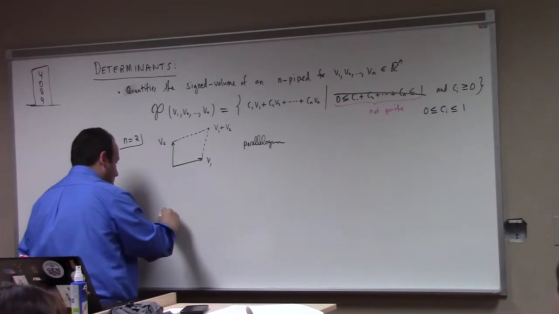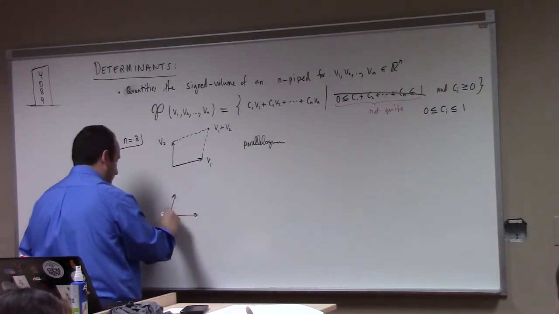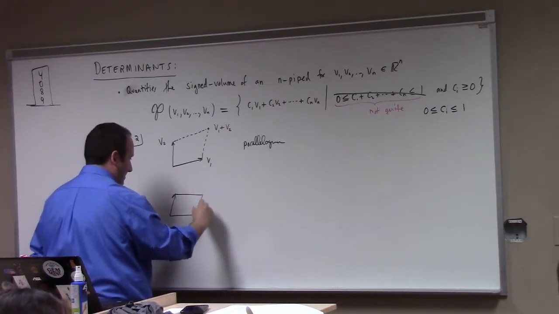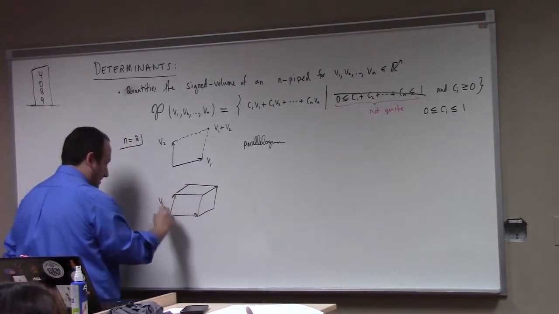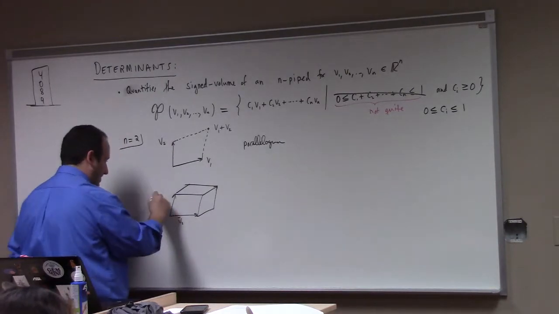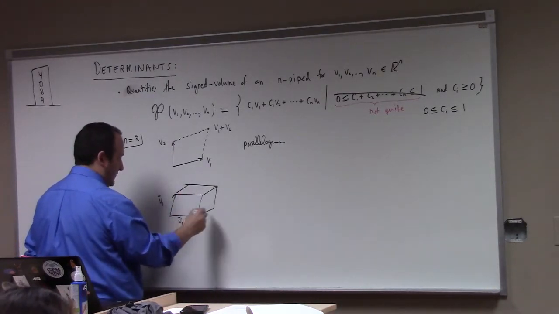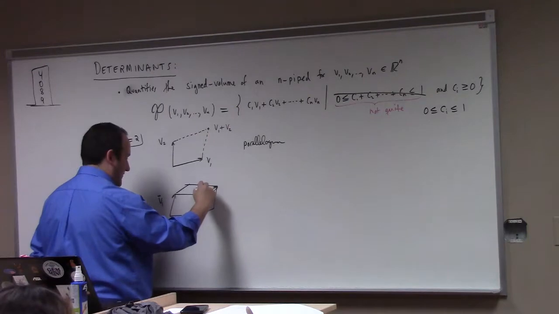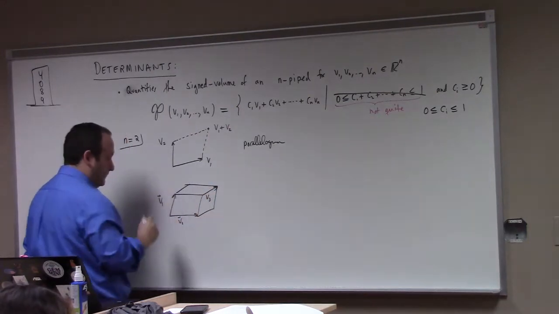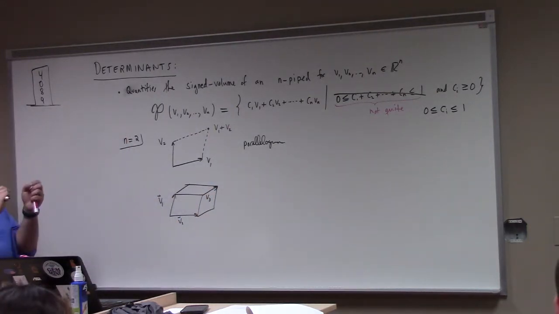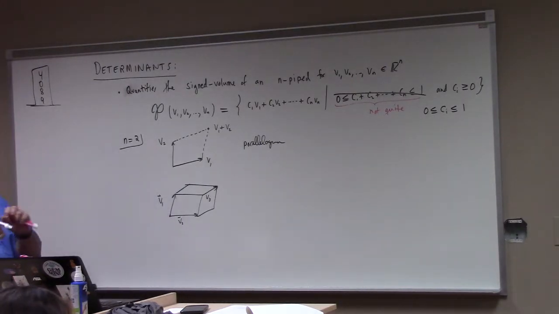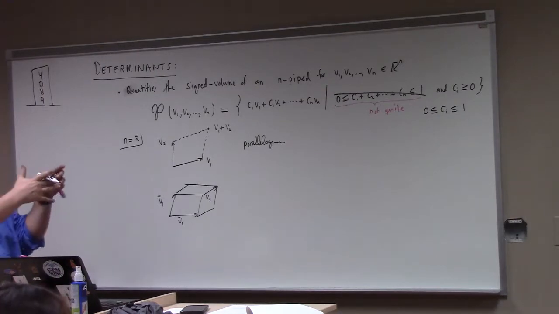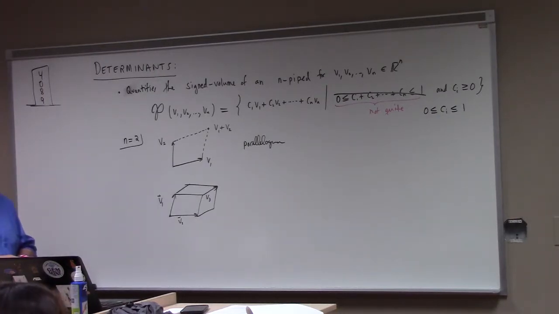If you have 3, and I put the V3 over here, then if you look at all possible linear combinations of V1, V2, and V3, taking at most one copy of each, it'll fill out a parallel n-piped, as it's sometimes called.